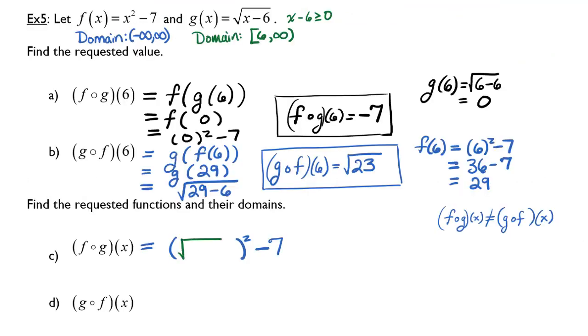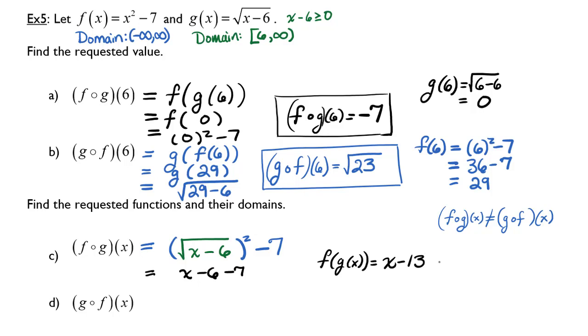If we look at f of g of x, we will see that we can substitute the square root of x minus 6 into the f function. This simplifies to x minus 6 minus 7, or simply f of g of x is equal to x minus 13.